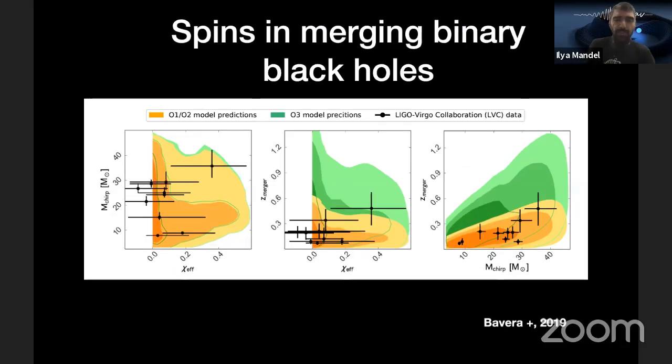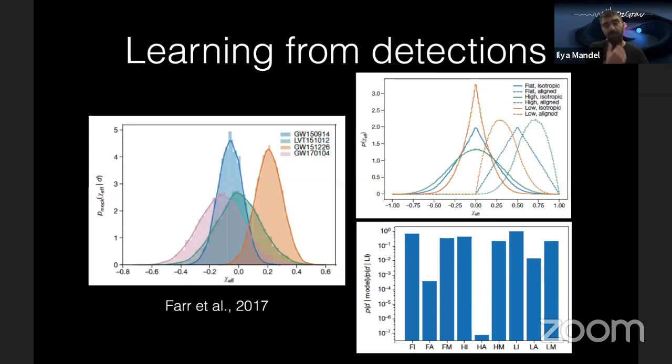But the kinds of predictions we might make are, for example, predictions about the spins of the merging binary black holes. These are predictions from some work by Simone Bavera and Tassos Fragos and some of the members of the COMPAS team.